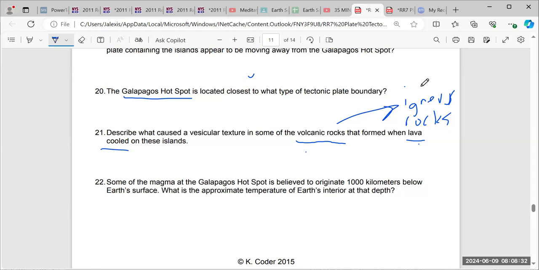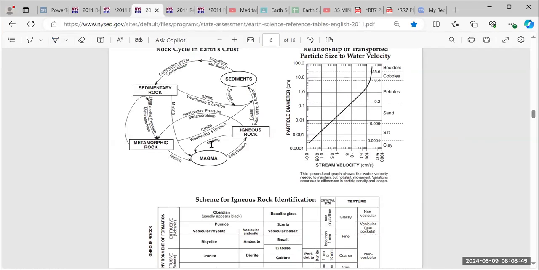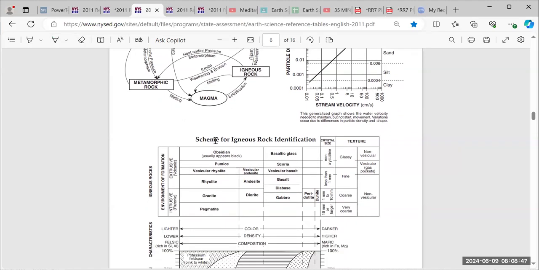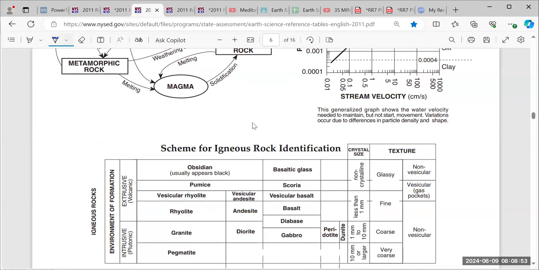So I'm going to go to page 6 of the reference table, and there should be something there that tells me why. I see vesicular texture right here, and it is an extrusive igneous rock.